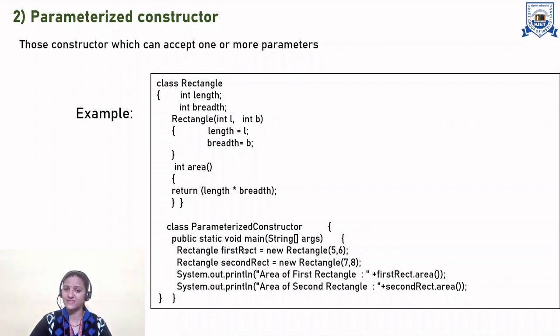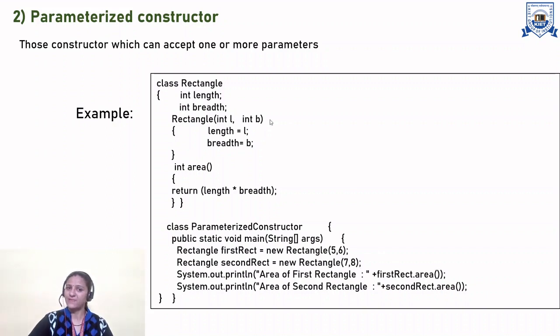When we created this instance, we passed 5 and 6, so 5 and 6 are assigned to length and breadth, and when this instance calls the method area, it will produce the multiplication of length and breadth, 5 multiplied by 6, and return 30. Next, when we call the area method with the other instance, second rect, when we made this second instance, we passed the two arguments 7 and 8.